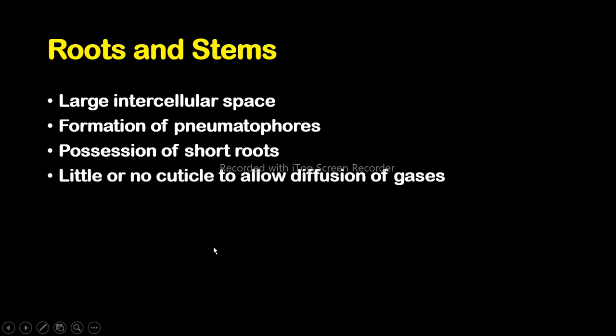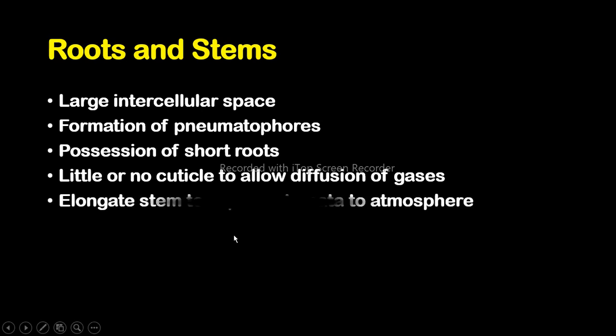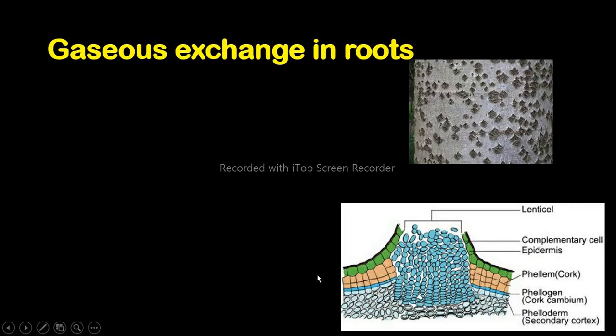Then there is an elongated stem to expose the stomata to the atmosphere so that the stomata allow entry and exit of respiratory gases.